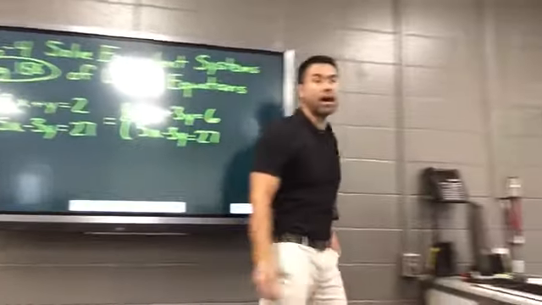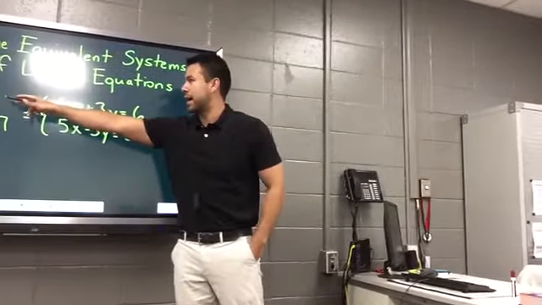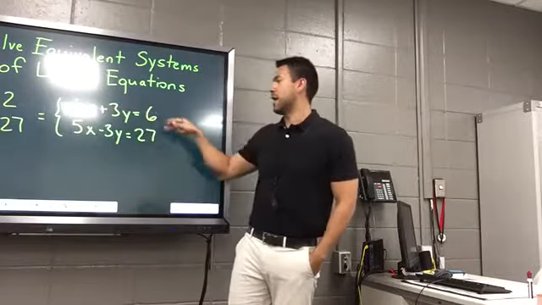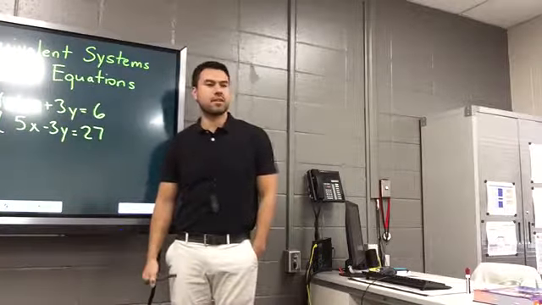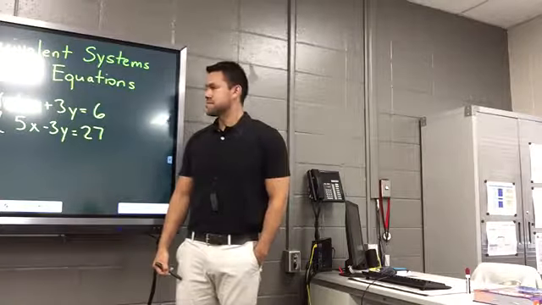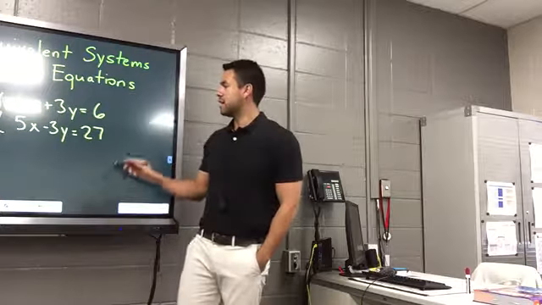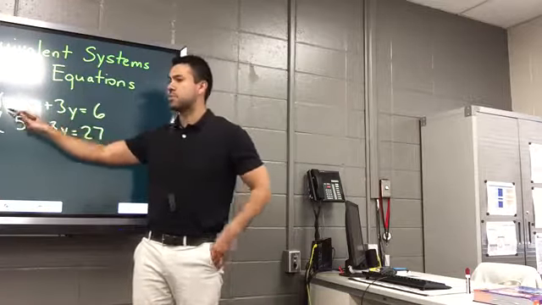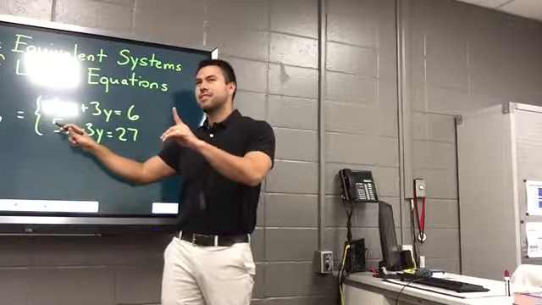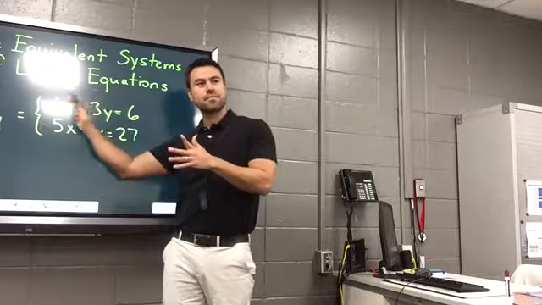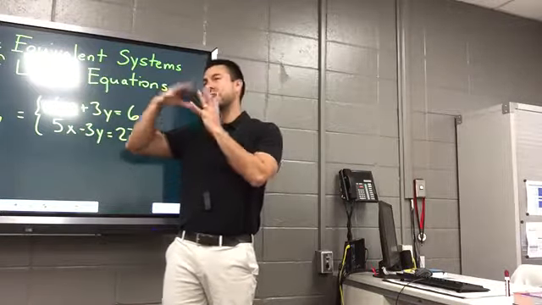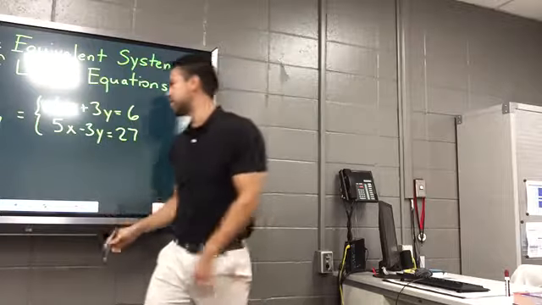Can anyone tell me why I multiplied the top equation by 3? What happened to my new system? Jensen? If you add 3y to negative 3y, you get 0. Good. So look at this new system. Is it really even a new system? No, it's a reworked or reworded system.